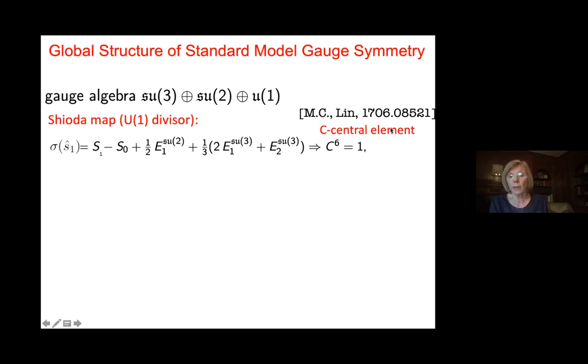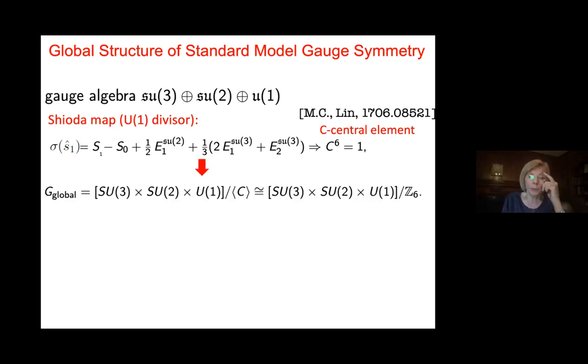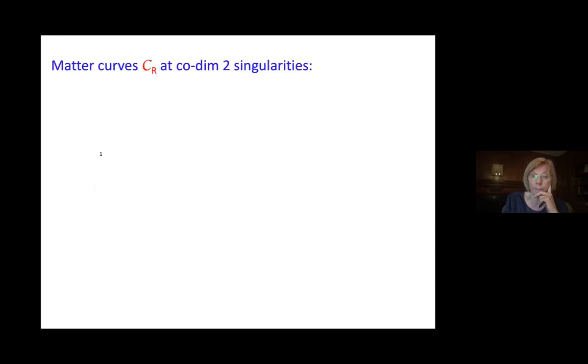We can now construct this central element, whose origin is completely geometric in terms of divisors, and obtain the global gauge symmetry that is now modded out by Z6 symmetry.